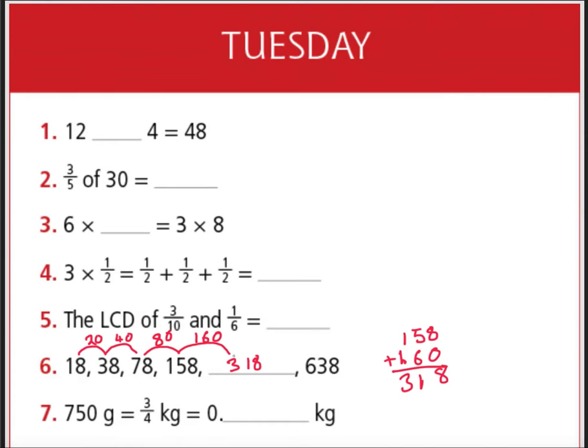318. And just to check if we're right, to jump from here to this one, we should be jumping by 160 times 2. So that would be 320. So if we just try 320 plus 318, we should get 638.